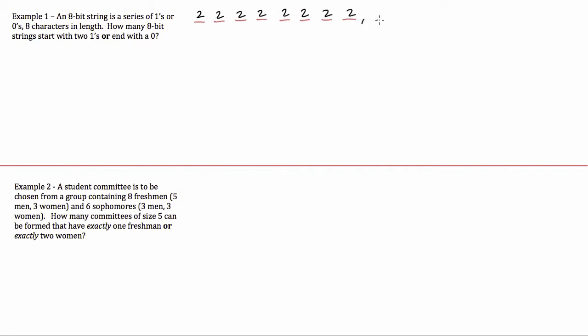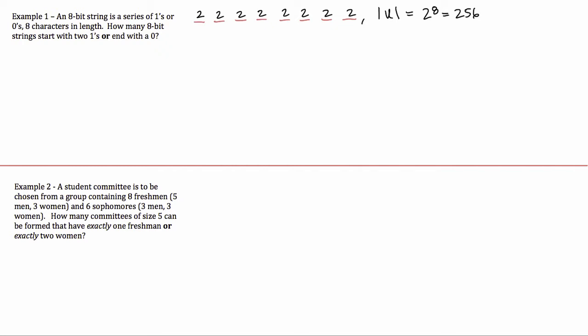All totaled, this set, which I'll consider U the universal set, has 2 to the 8th, or 256 total possible rearrangements of the 1s and the 0s. So whatever we're dealing with, the number's got to be less than 256. We know that at least.